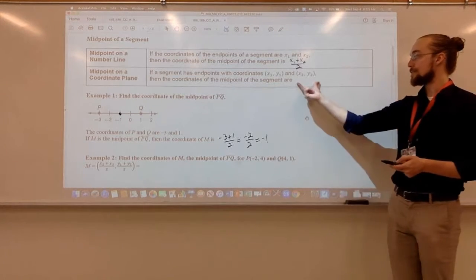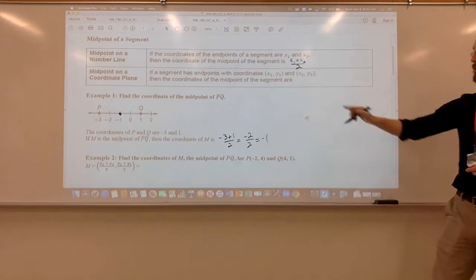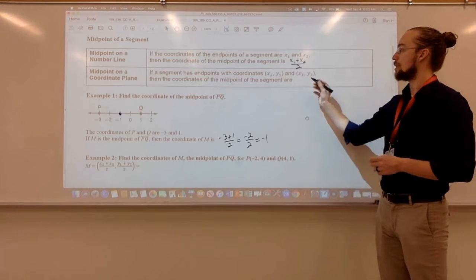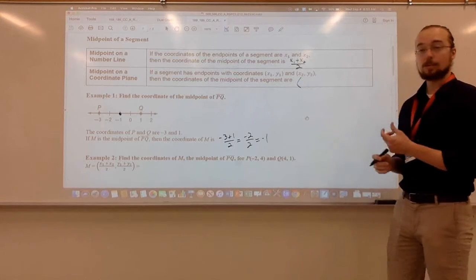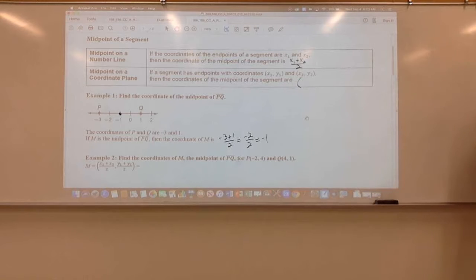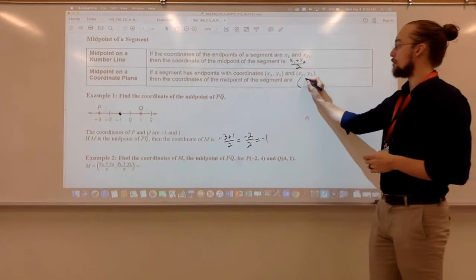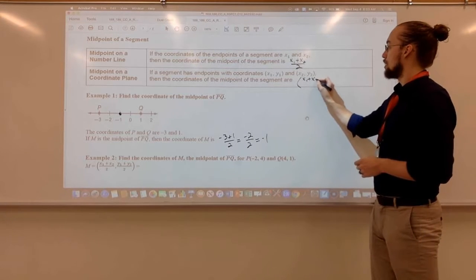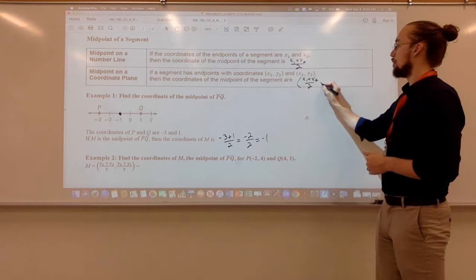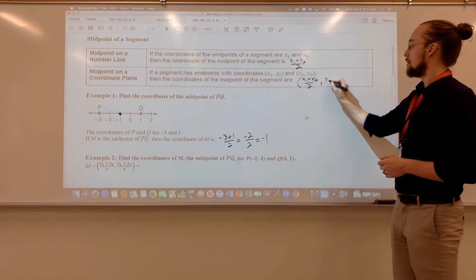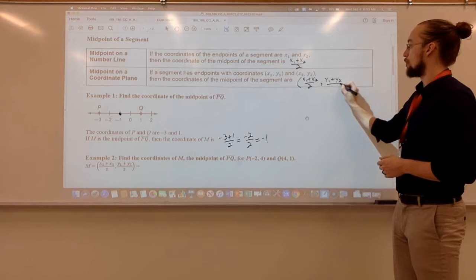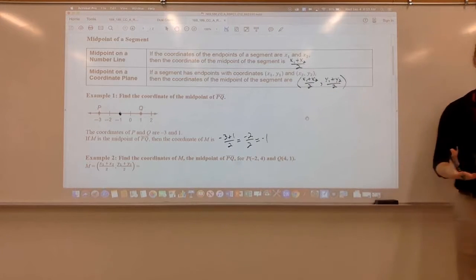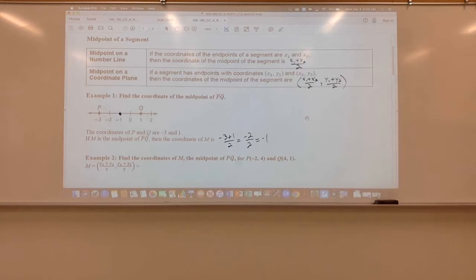All right? So similarly, if I've got 2 coordinate points, right, in 2 dimensions, I'm going to take the x coordinates, add them together, and divide by 2 to get my new x coordinate. And then take the y coordinates, add them together, and divide by 2 to get my new y coordinate.